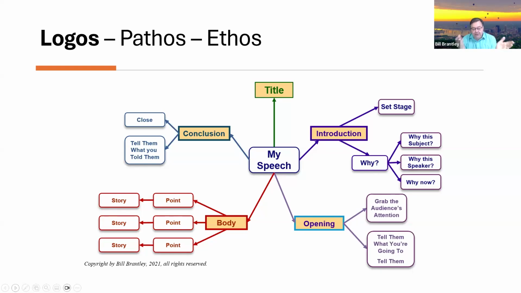So with logos, essentially it's the logic. I can take my speech and tree it out like this and show you how things are connected. When we make logical statements, we're showing the how and the why, how things are connected. One thing about people, we love stories, and we'll talk about how to use stories and why they are so effective. They help us make sense of our world. There's cause and effect.